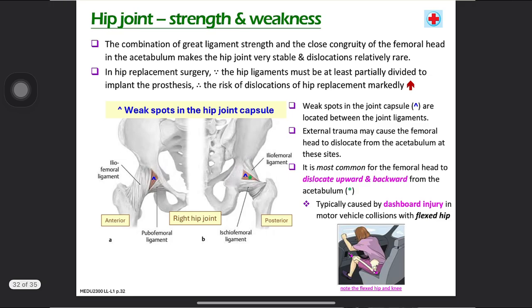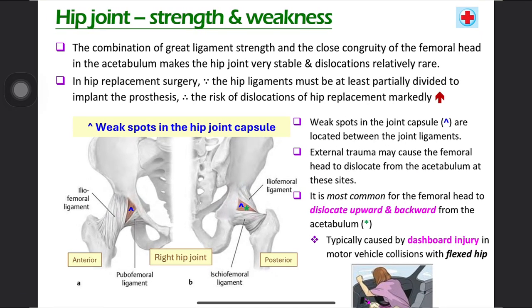Now, this is the combination. So the hip joint strength and the weakness here. Okay, let's see. The hip is very stable because of the strong ligaments and the tight fit of the femoral head in the acetabulum.